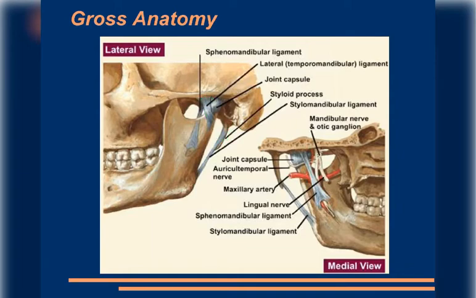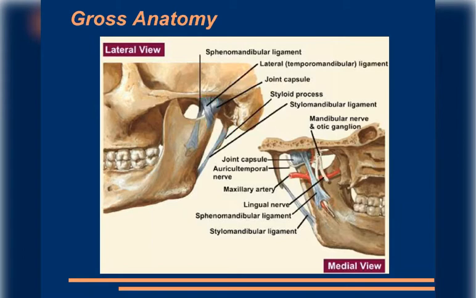You see it extend from the area of the articular eminence here to the condyle, and insert in the condyle. This is the joint capsule. It's all around the temporomandibular joint, but it's weak and doesn't provide support. The main support is from the lateral temporomandibular ligament.